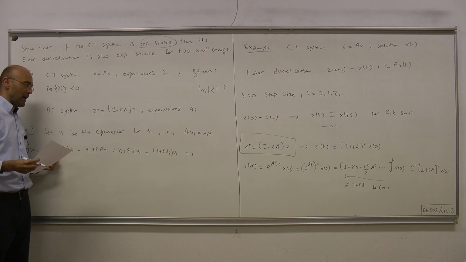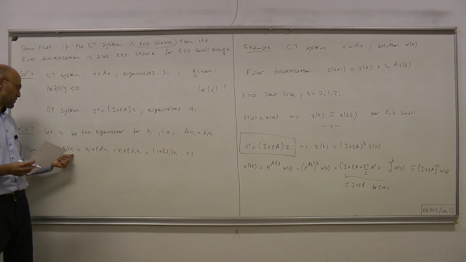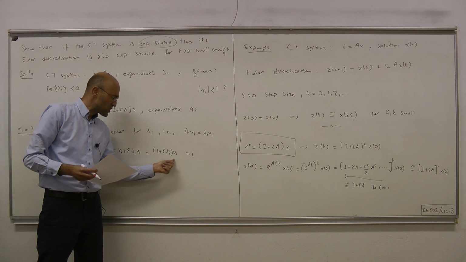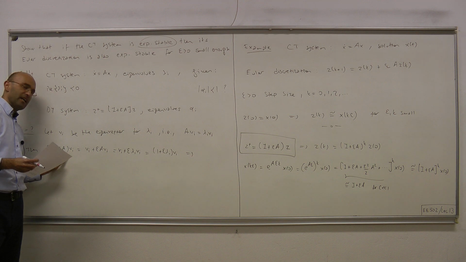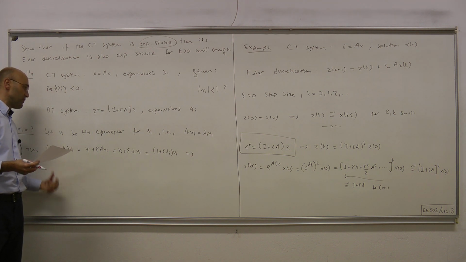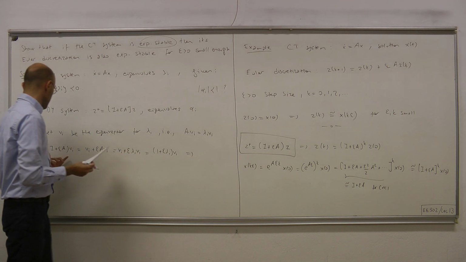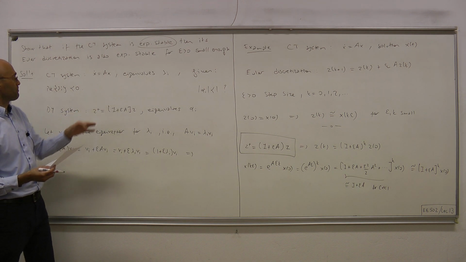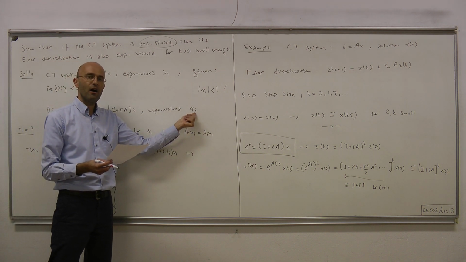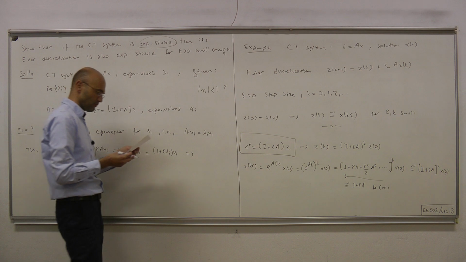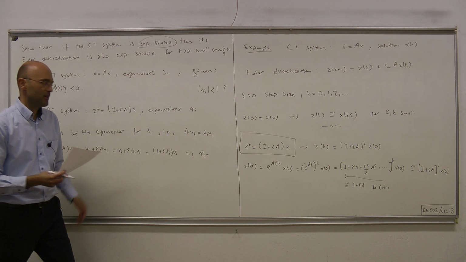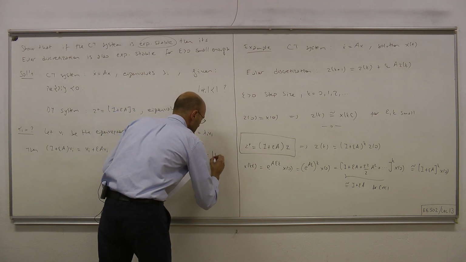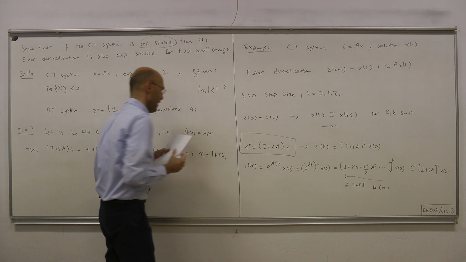Here we have another eigenvalue, eigenvector equation: this matrix times v i equals this scalar times v i. Therefore, this scalar must be an eigenvalue of this matrix. And the eigenvalues of this matrix are denoted by alpha i. Therefore, alpha i must have the following form: 1 plus epsilon lambda i.